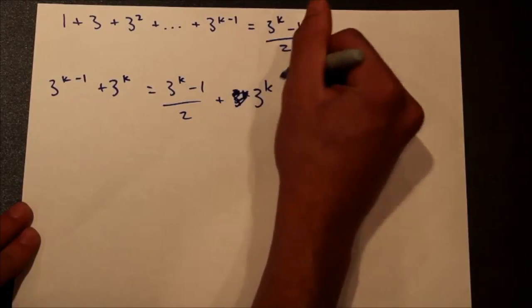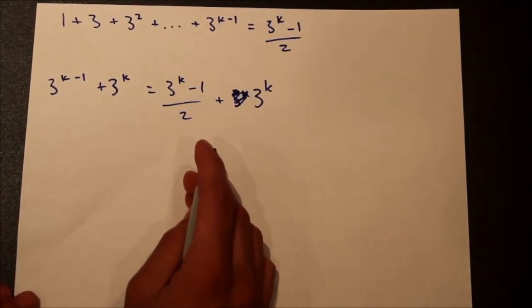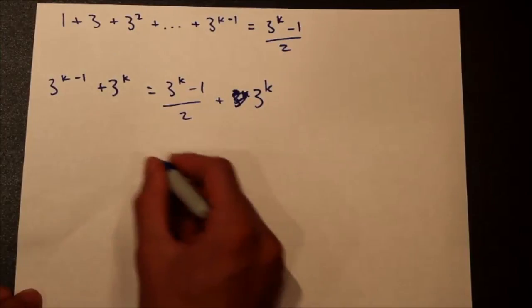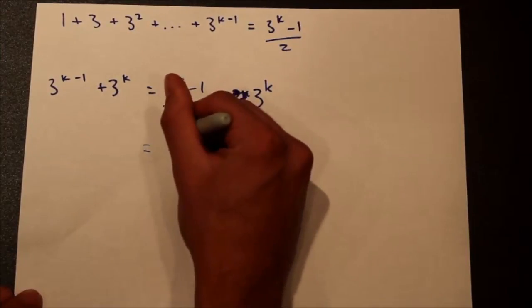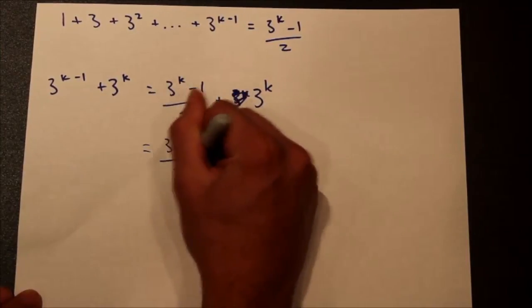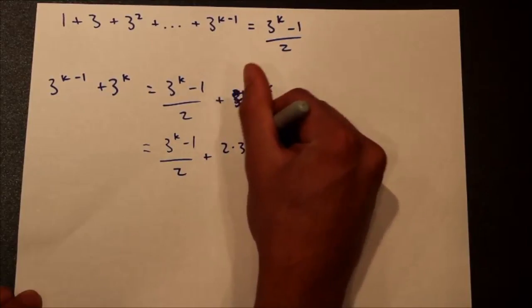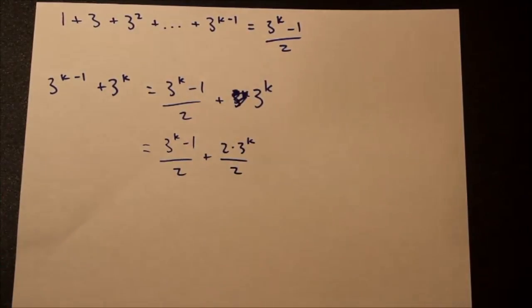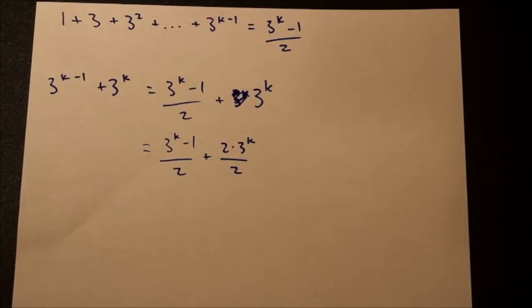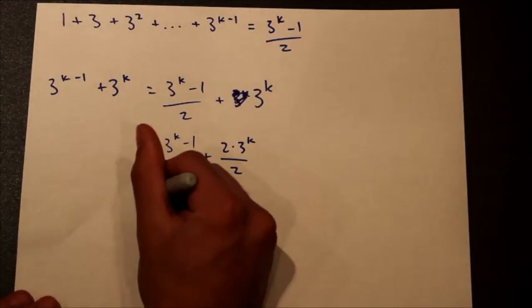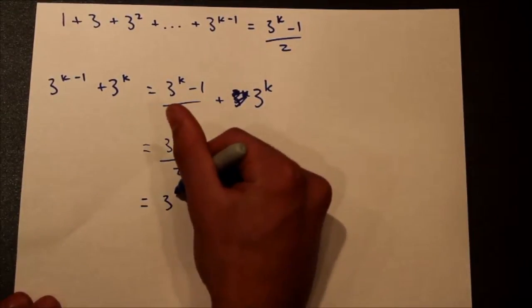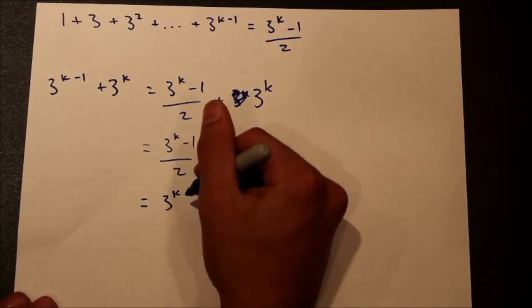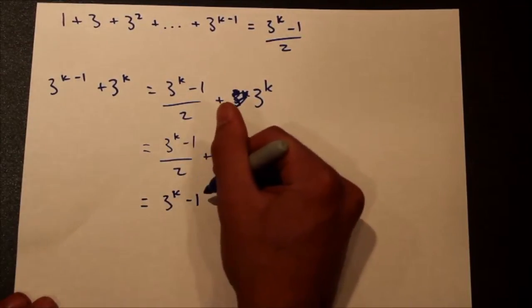We will add the next term after 3 to the k minus 1 to both sides. This term is 3 to the k. Now, on the right side, we will put 3 to the k over a common denominator of 2. We will combine like terms so that the entire right side is over 2.